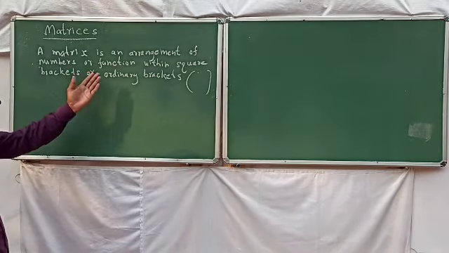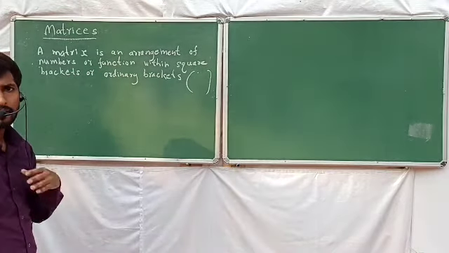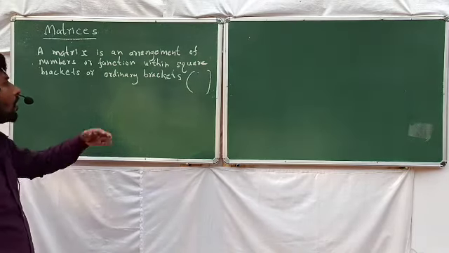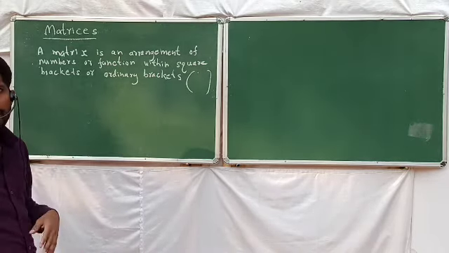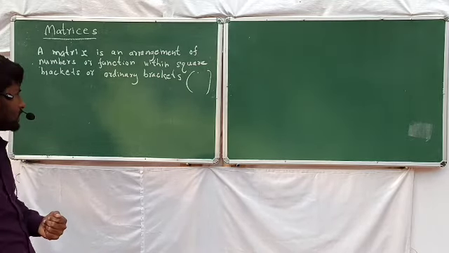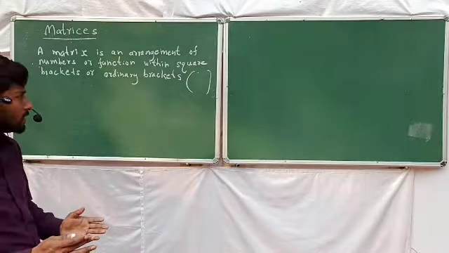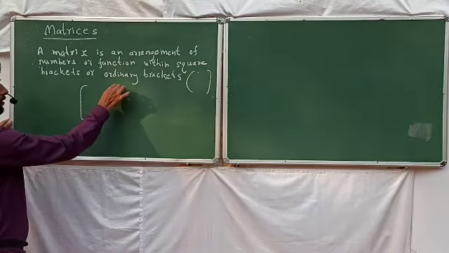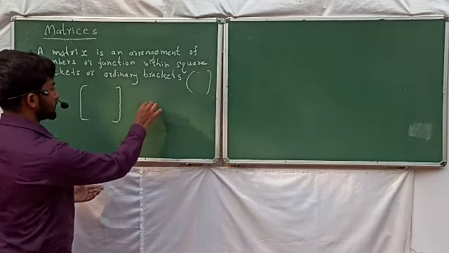An arrangement of numbers, and those numbers may be real numbers or complex numbers, or the functions may be trigonometric functions like sin x, cos x, tan x, arranged inside square brackets or ordinary brackets, like this.